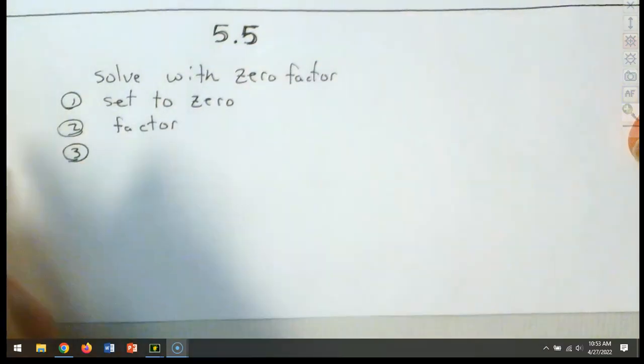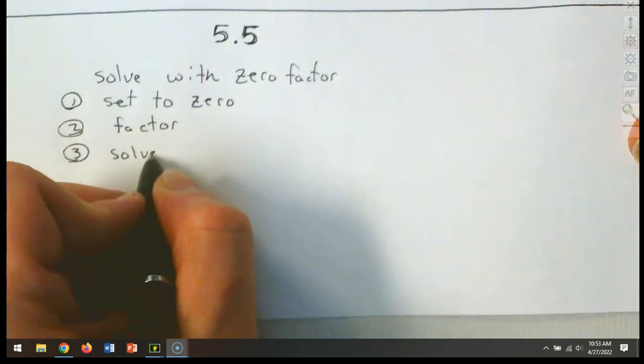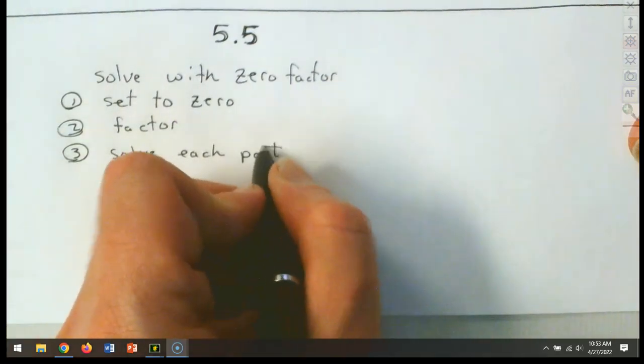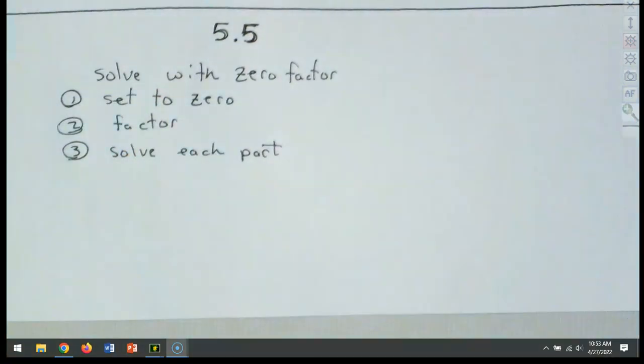And then step 3 is we solve each part. That's zero factor. And zero factor is very, very common in college algebra. So when you work these out in college algebra, you're going to have to use zero factor quite a bit.